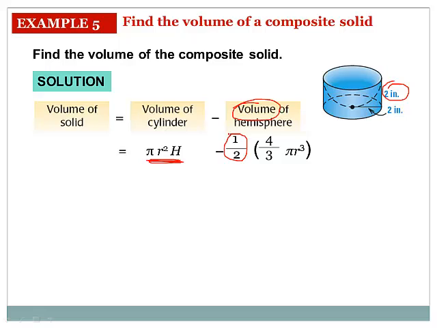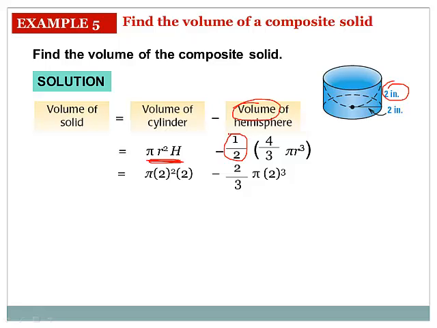And remember, in hemisphere surface area, that's when you have to compensate and add the circle at the bottom. But in this case, it's hemisphere volume, so that means you just have half of the sphere formula. So plug in what you know. I have 2 as my radius, my height is 2 as well.